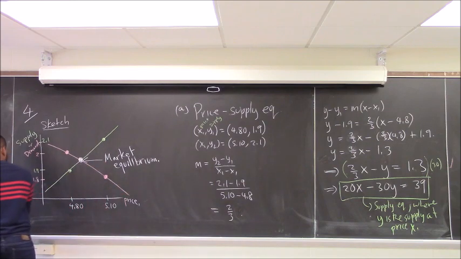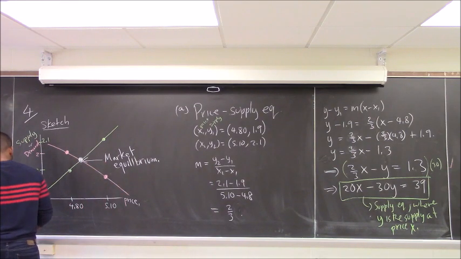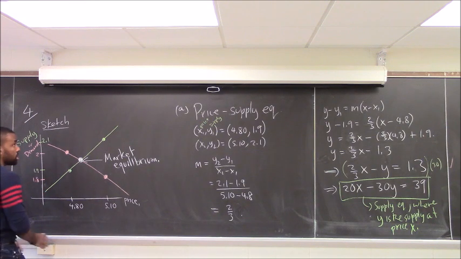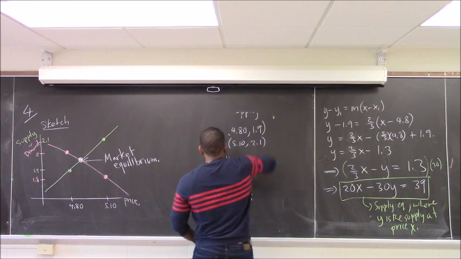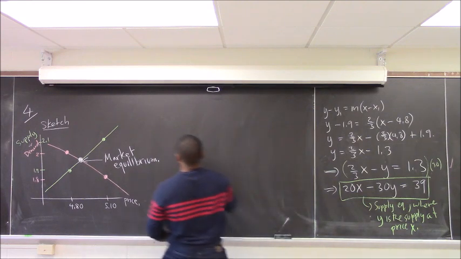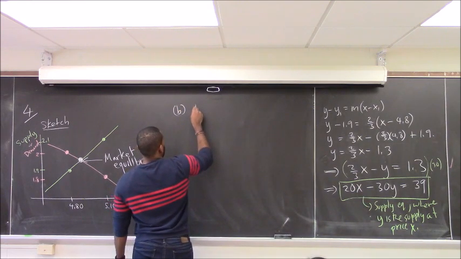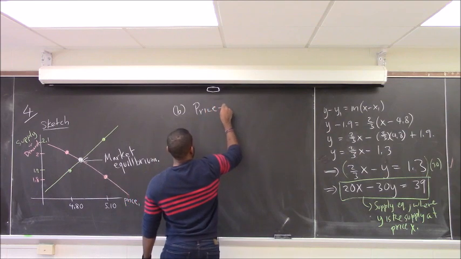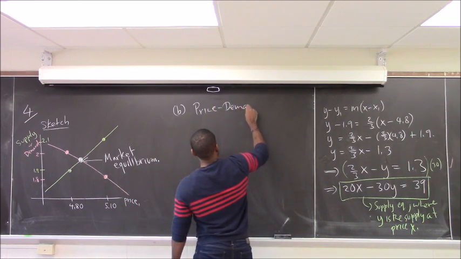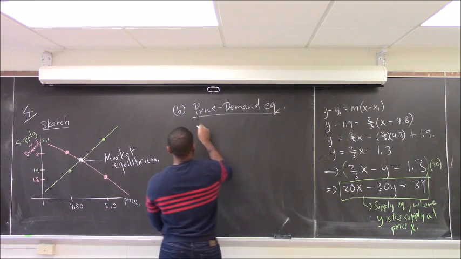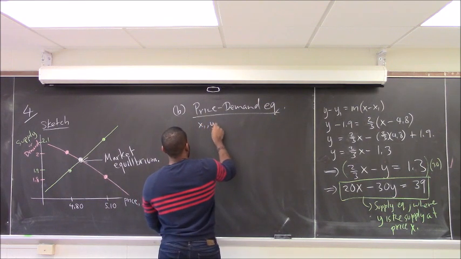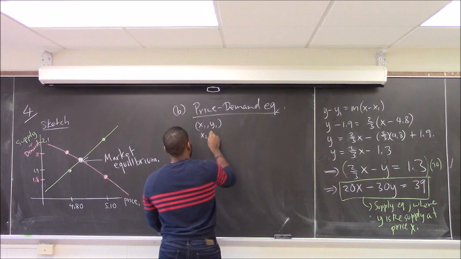And now we want to repeat this for demand. So we're going to go in and do the same thing. So here I'm also going to use 2 points, x1, y1, x2, y2.